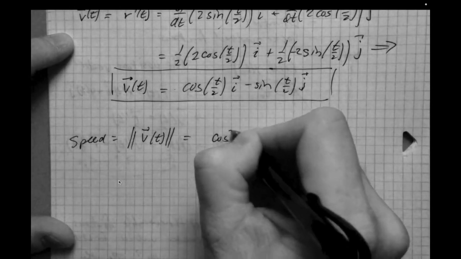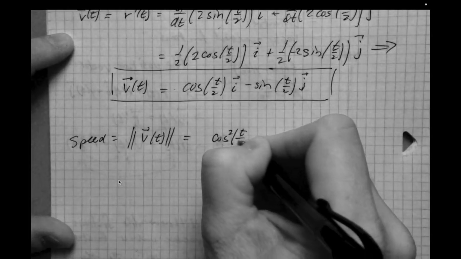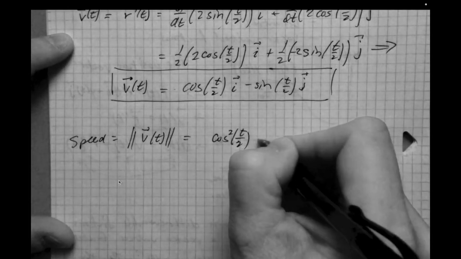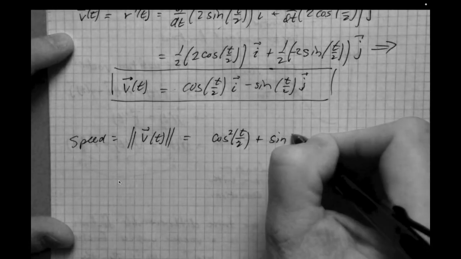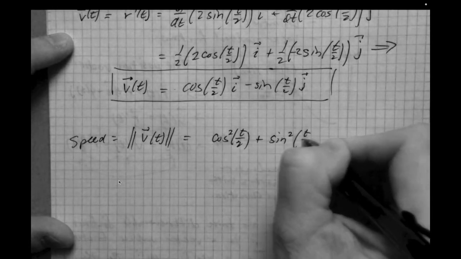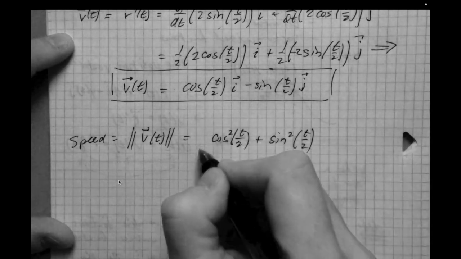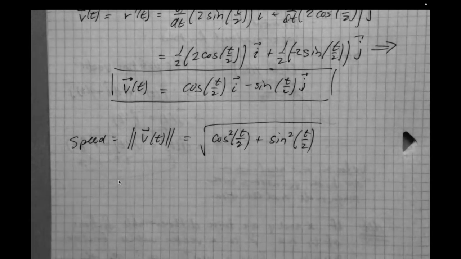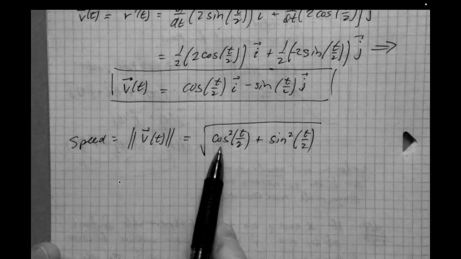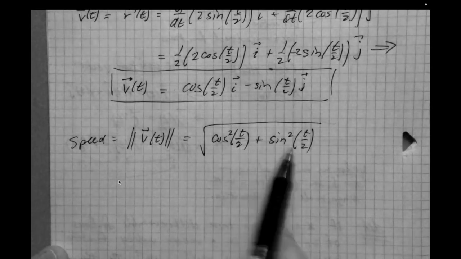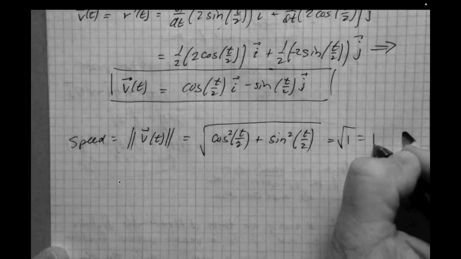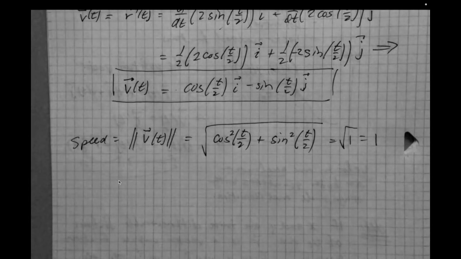So it'll be cos squared of t over 2 plus sine squared of t over 2. Technically that's negative sine squared, but then when you square it, of course, it becomes positive. And then the square root of that. And so we know that this would be just 1, isn't it? Right, so the speed is 1.